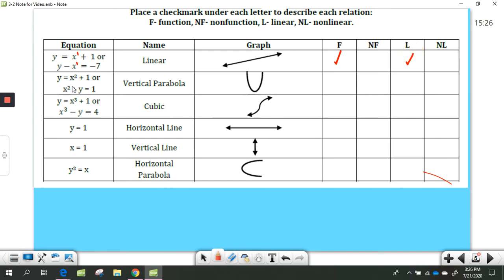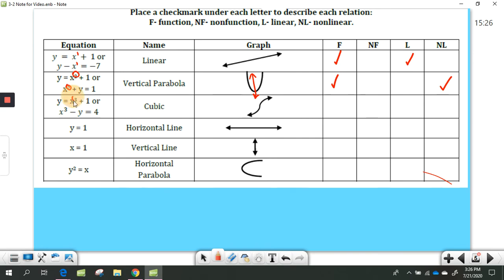These are examples where you have an exponent of 2 on your x. These are different formats of the equation. It makes a parabola, a U shape. If we did the vertical line test on it, it would only cross it once, so it is a function, but it is not linear.